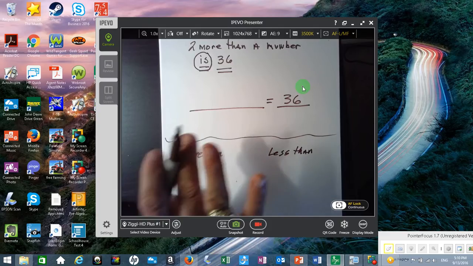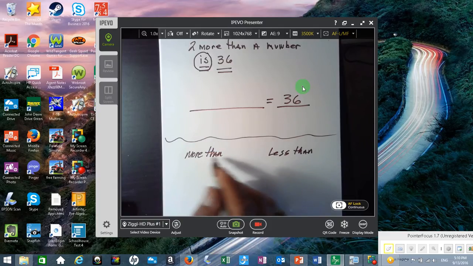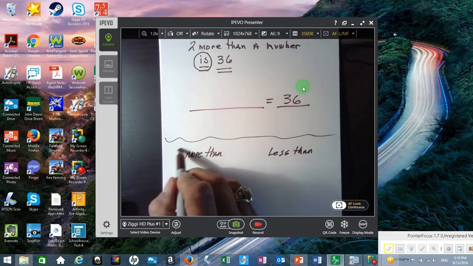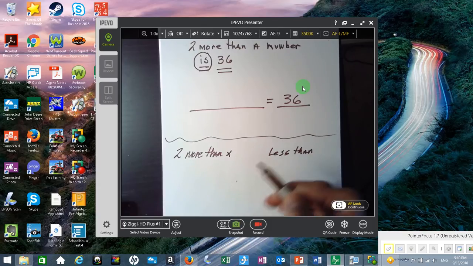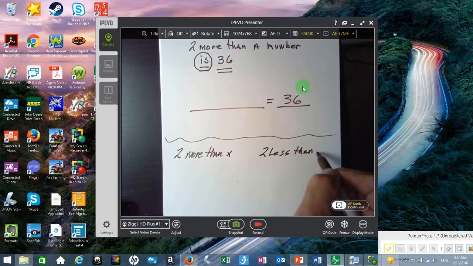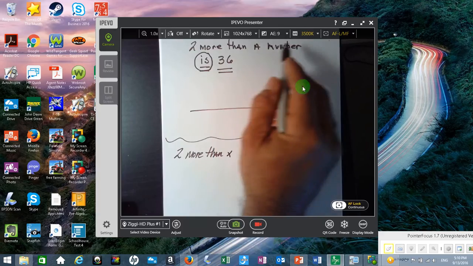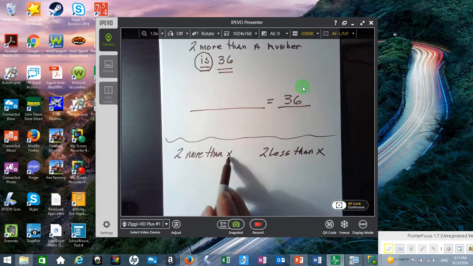I don't tell students that "more than" is plus, you don't have to worry about it because addition is commutative, but with "less than," you have to. And this is what I tell students to do. "2 more than a number."